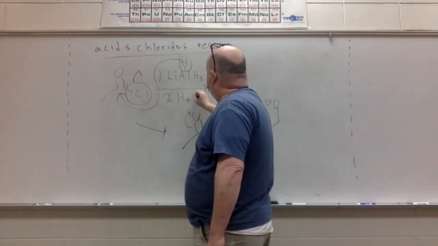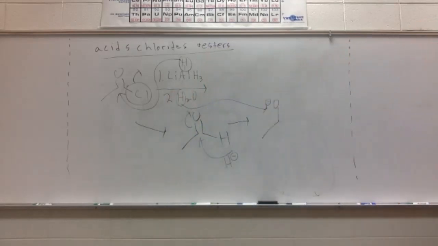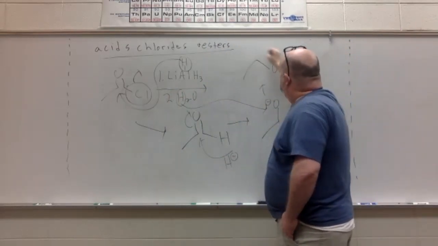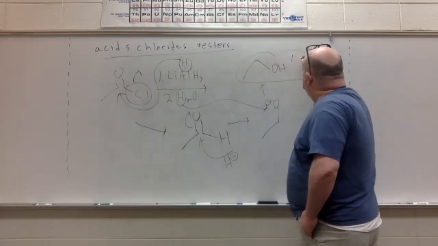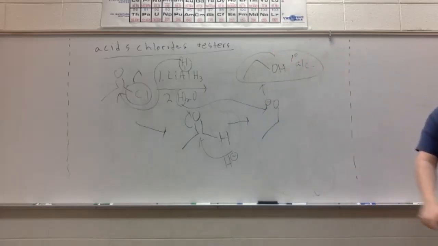So you've got to watch out for these. These will get you. These are tricky. So these also produce primary alcohols, the reason being the intermediate product aldehydes are still reactive towards hydride.